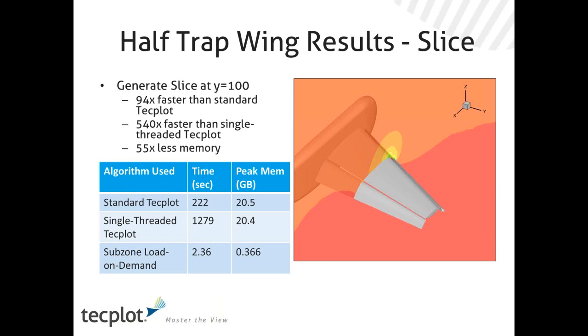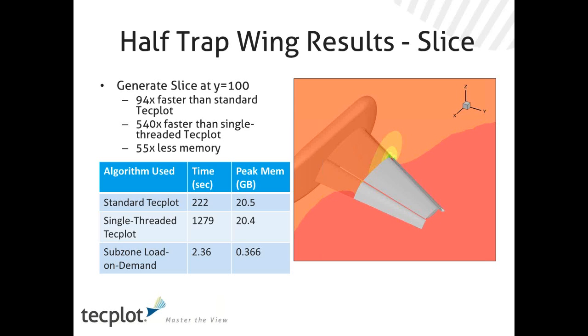But we include this single-threaded Tecplot because this is preliminary results, and it's done with a single-threaded algorithm. There's no problem making it multi-threaded other than just our time to do it. So compared to the standard Tecplot in single-threaded mode, it's almost 3 orders of magnitude faster.